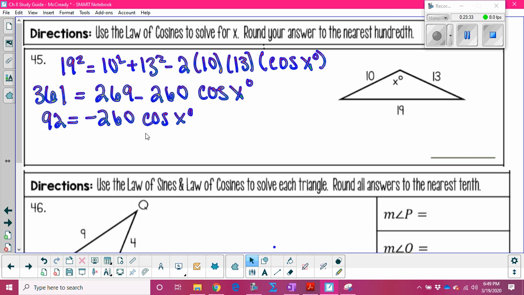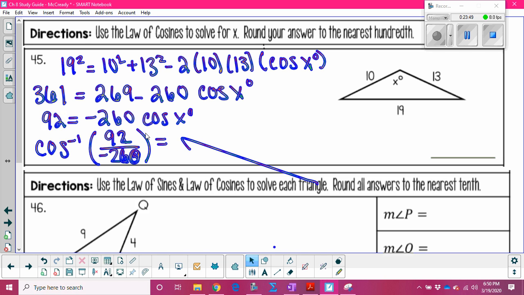So it should look something like this. You have the inverse cosine of 92 over negative 260 equals x.